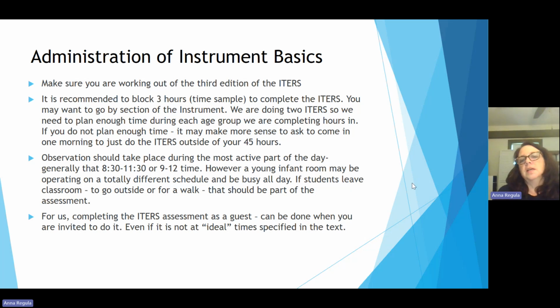And that's an important difference if you're ever getting observed with an ITERS in a classroom you're running, because they expect it to be a permanent part of that classroom. They aren't thinking, oh yeah, it's there 90% of the time or 70% of the time when I feel like it. It's either there or it's not.